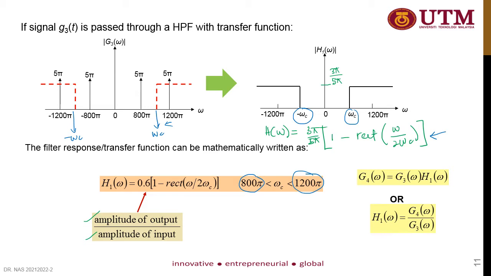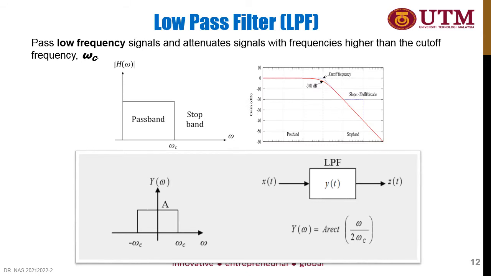On the other hand, the filter response can also be written as H omega equal to the ratio of the output over the input signal. Okay, now let's look at the low pass filter. A low pass filter will pass through low frequency components and attenuate higher frequency components.